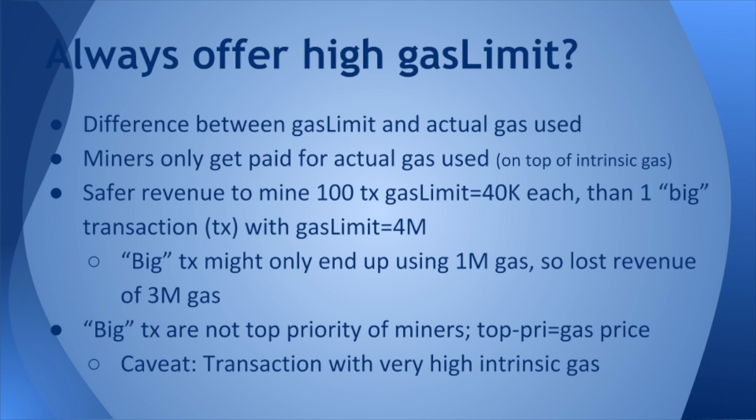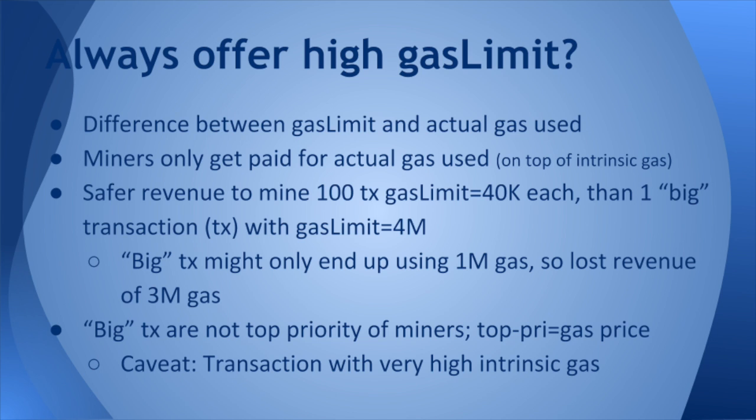for this small amount. So if you're a miner, it's going to be safer for you to mine a lot of these small transactions, let's say 100 transactions with a gas limit of 40,000 each, than one really big transaction with a gas limit of 4 million.